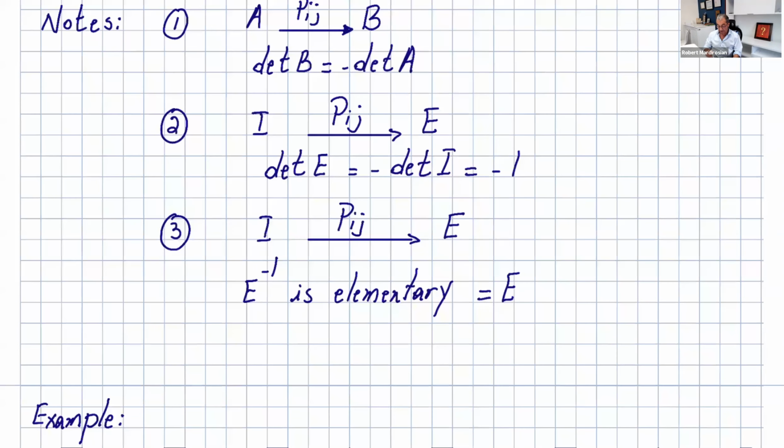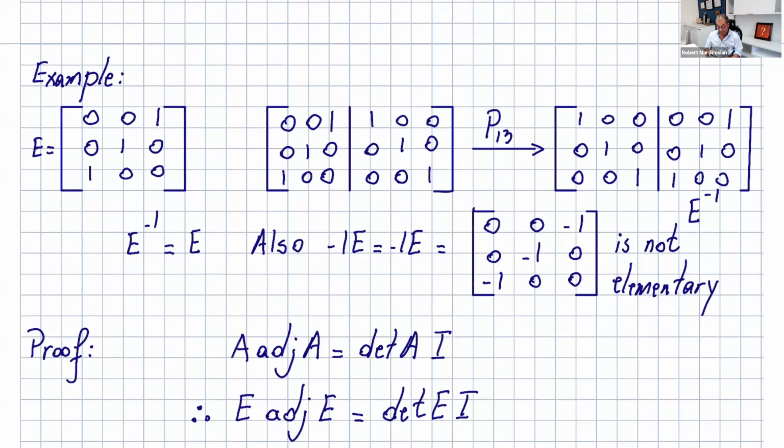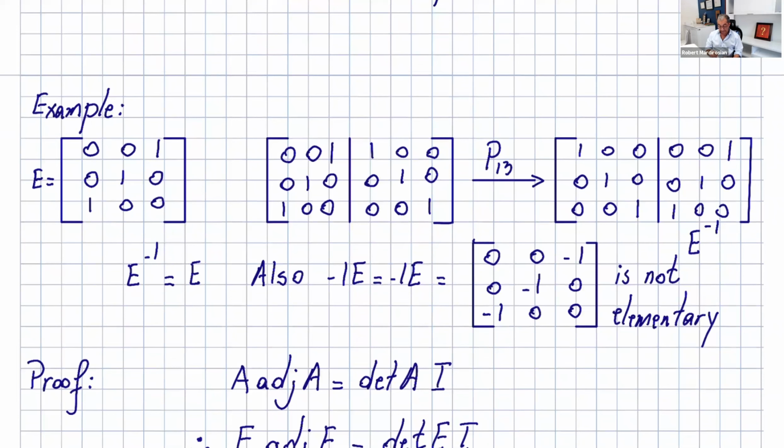Note number 3: if you have I and you permute 2 rows and you get E, the inverse of that matrix is also an elementary matrix, and it's the same type. I showed it here with an example, just for you to understand. If I have I3 and I interchange row 1 and row 3, I get that.